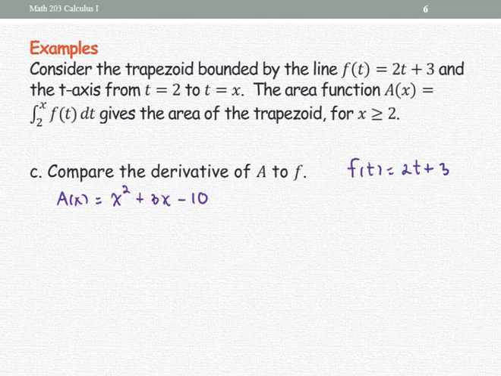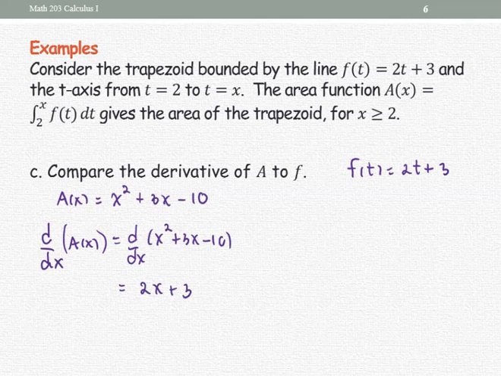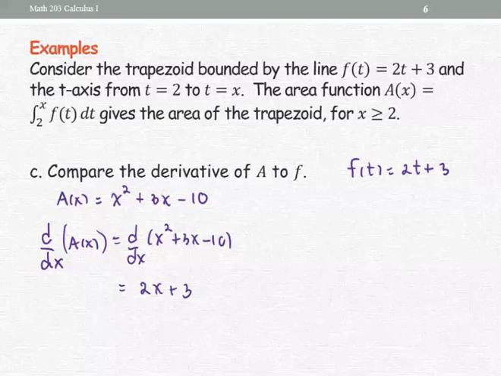Now for the derivative of A, since A is a function in x, we find the derivative with respect to x of the function A of x, or the derivative of x squared plus 3x minus 10, which gives us 2x plus 3. When we compare the derivative and the function f, this is the same as the function at x.